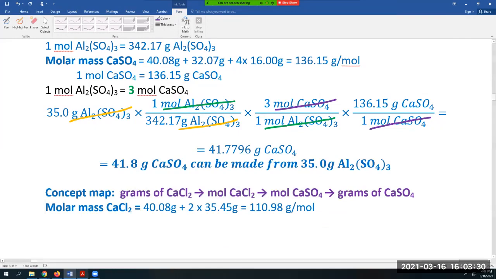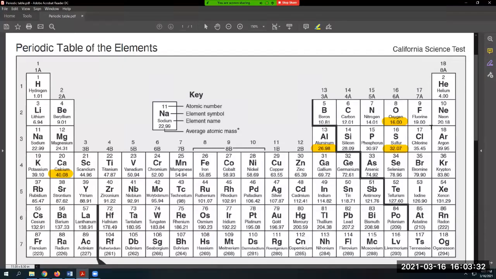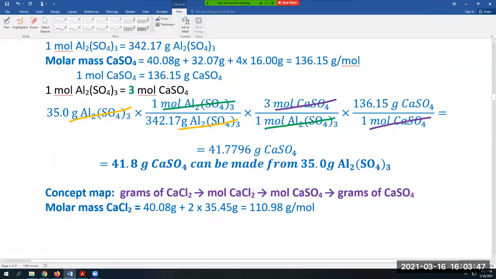Let's go back to the periodic table to find the molar mass of chlorine. We have calcium, it's 40.08, and then chlorine is 35.45. So that's the new value here. We have one calcium, so we take 1 times 40.08 grams of calcium per mole. And we have 2 chlorine, right? So we do 2 times the molar mass of chlorine, 35.45 grams per mole.